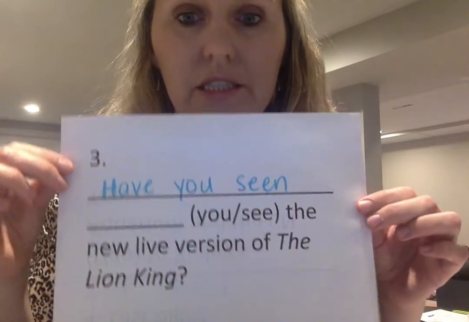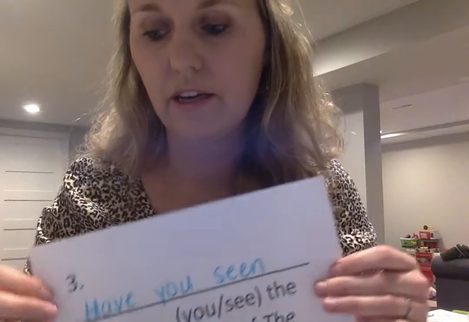Anytime something happened in the past, and it could have been completed up until the present, right? At some point you saw it in the past, but there's no distinctive time in the past that it was completed. So have you seen the new live version of The Lion King? Great.